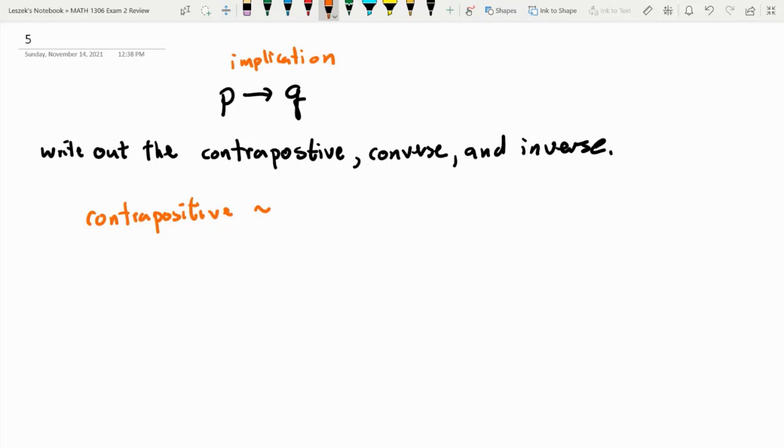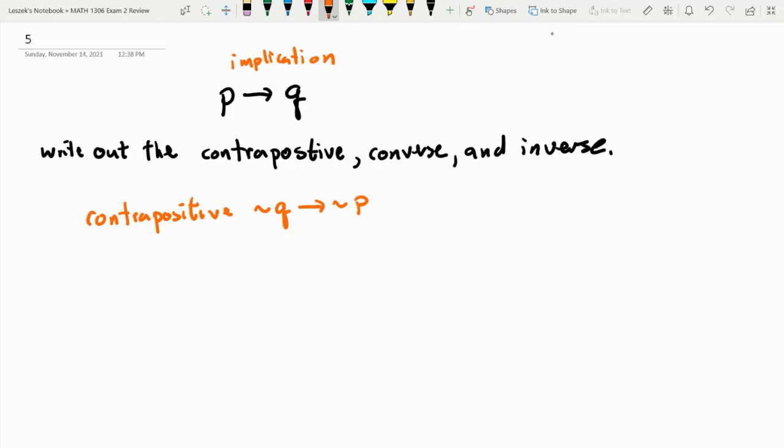We negate the antecedent, make it a consequent, and negate the consequent. So P implies Q is the same thing as not Q implies not P. So if it rains, I bring an umbrella is equivalent to if I don't have an umbrella, that implies that it's not raining. That makes logical sense.